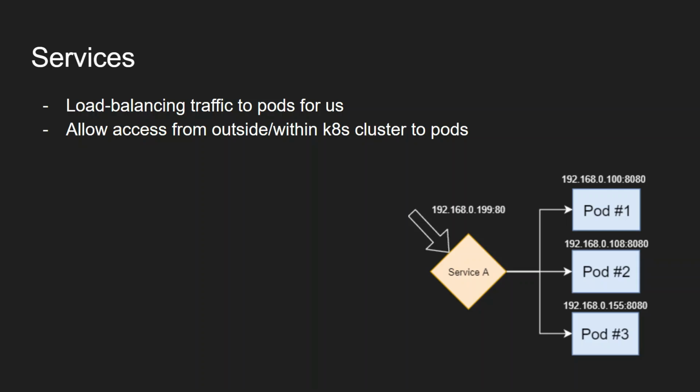As I said, when a pod dies and a new one is created, it gets a new IP address, but we need to access it either from the outside or from within the cluster, and we need one single point where we can do it at all times. So a service is an abstraction. It doesn't die until you destroy it, and it keeps the same IP address all the time.